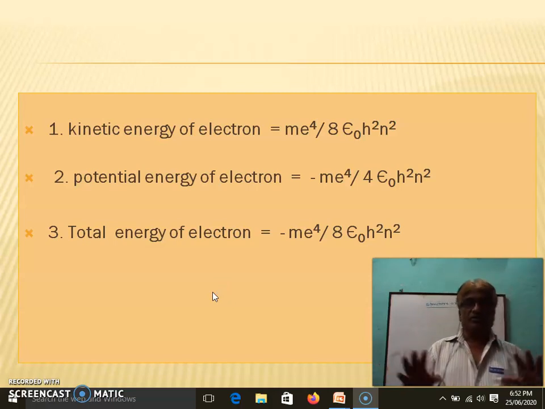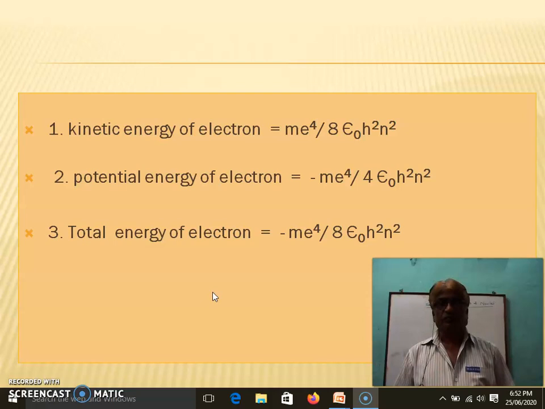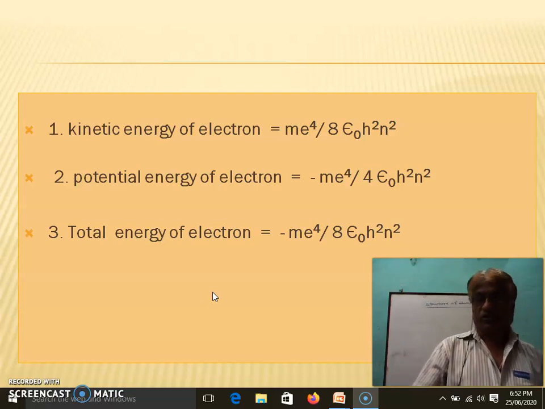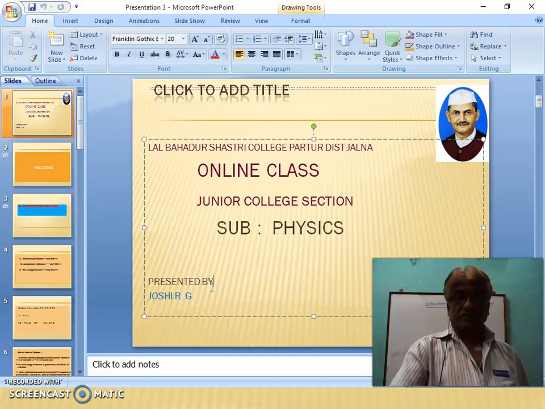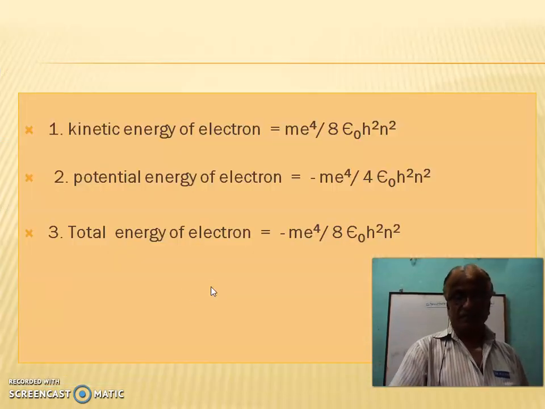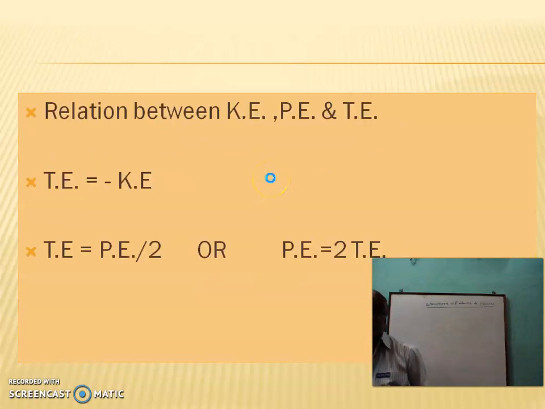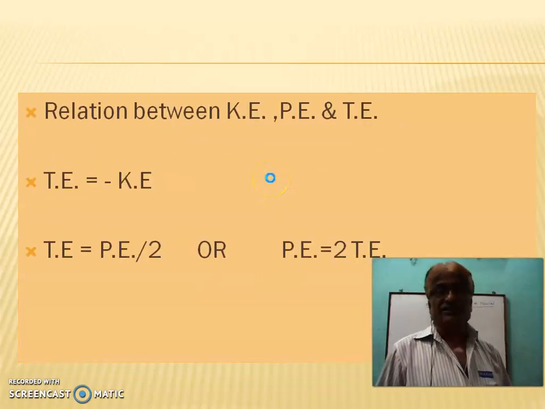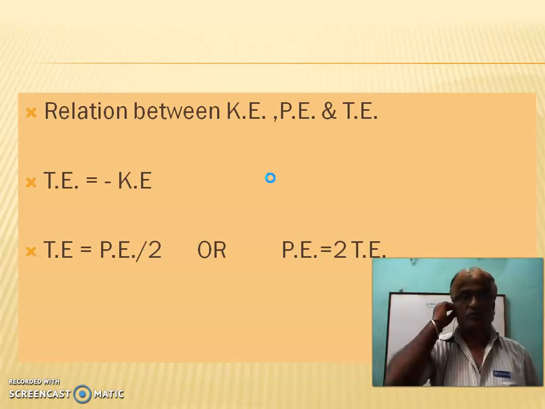If we substitute the constant values like mass of electron, charge of electron, permittivity of free space and Planck's constant, then you get the answer, minus 13.6 electron volt or minus 13.5 electron volt.